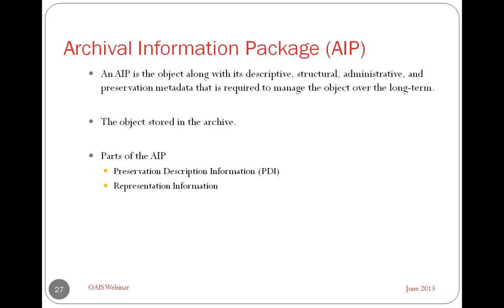In our archives, this would be equivalent to what we have in our collections and are trying to preserve. AIPs are the information packages managed by the OAIS. And there are two main parts of an archival information package: the preservation description information and the representation information.